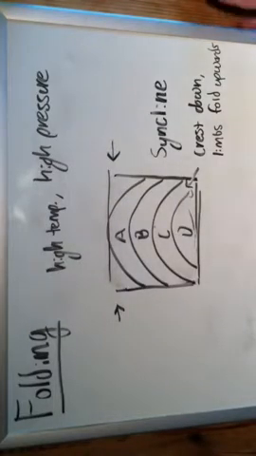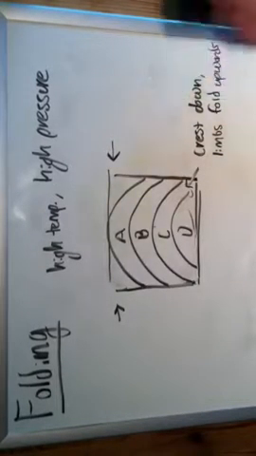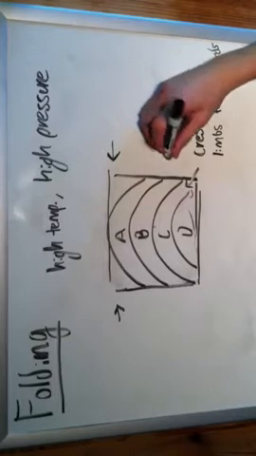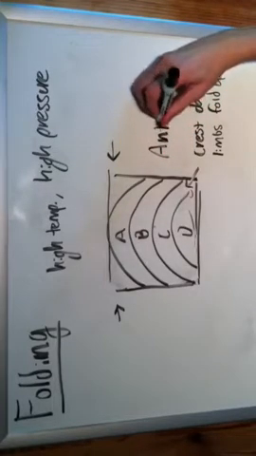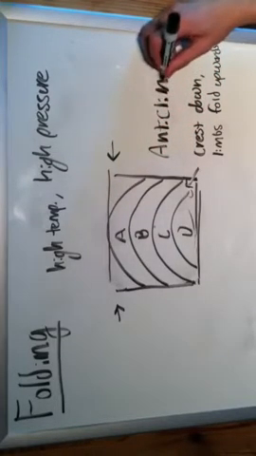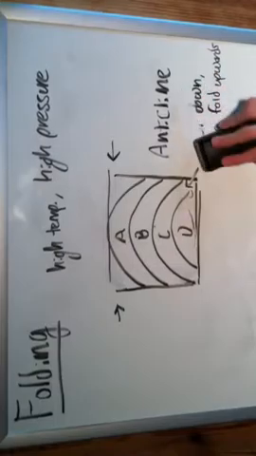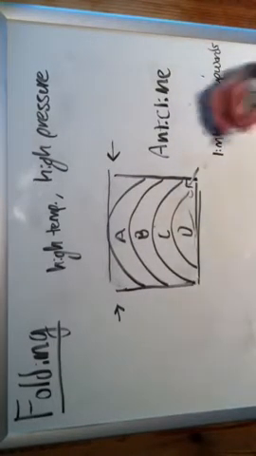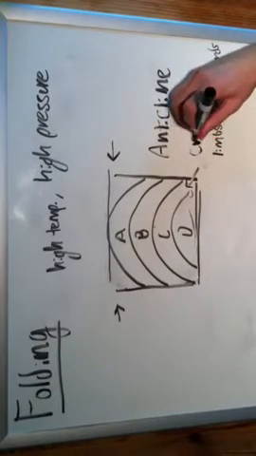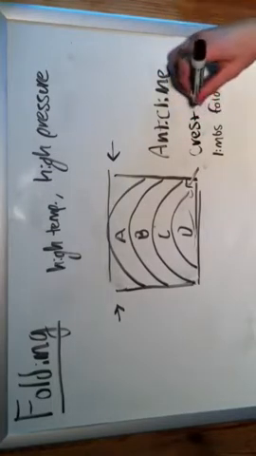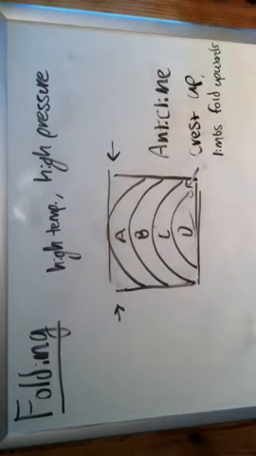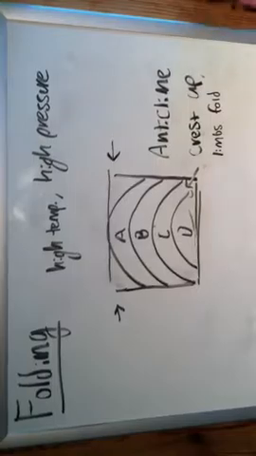So when we've got something like this, it's called an anticline, which is formed in the same way. For whatever reason, the pressure may just cause it to point upwards rather than downwards. So yeah, it's just the opposite. The crest points upwards, and the limbs fold downwards.